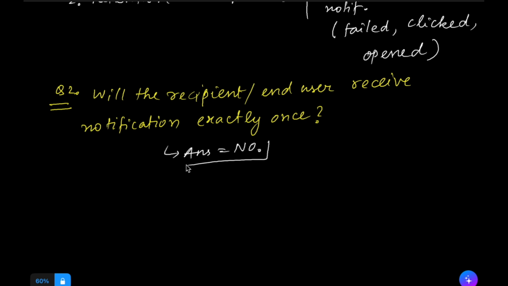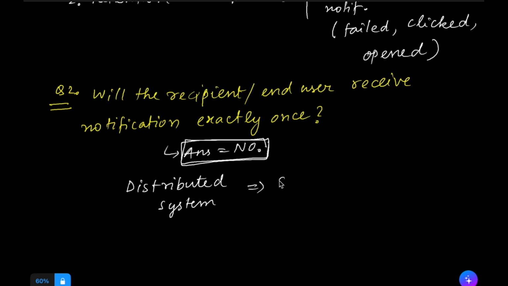A user can receive more than one notification of similar nature. Since we are working in a distributed environment, duplicate notifications are possible.